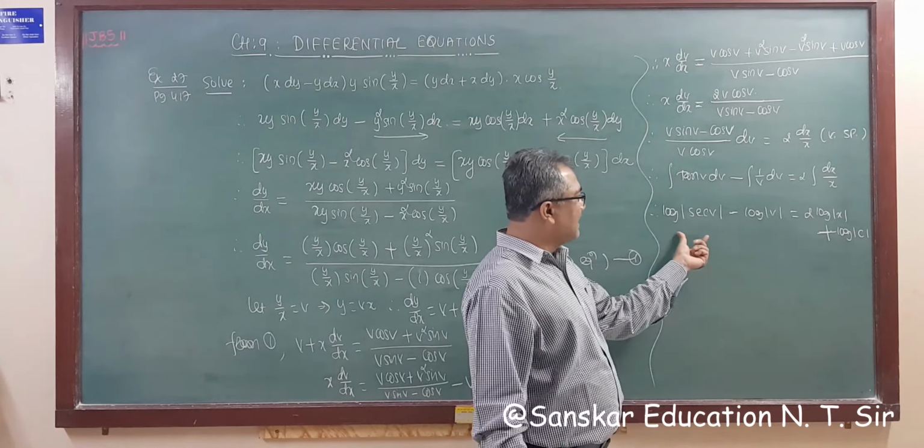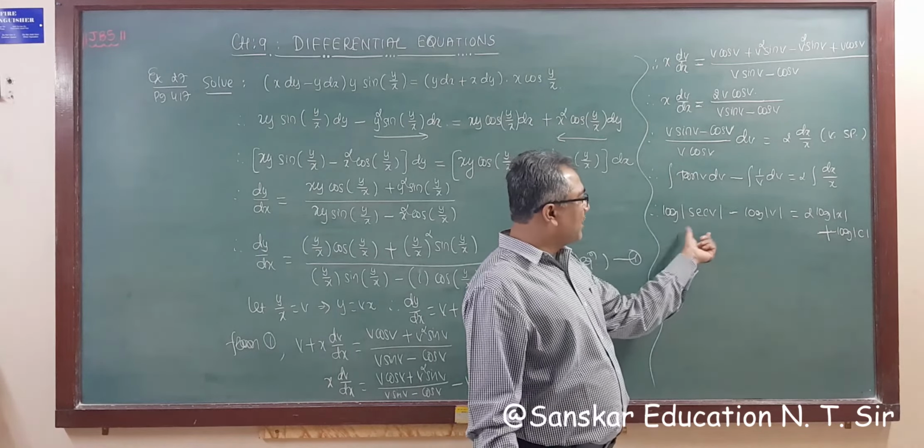So now log a minus log b is log a upon b. So this is sec v upon v is equal to, now taking these two here, we get log x square. So log a plus log b is log a into b. So we get log x square into c, right?